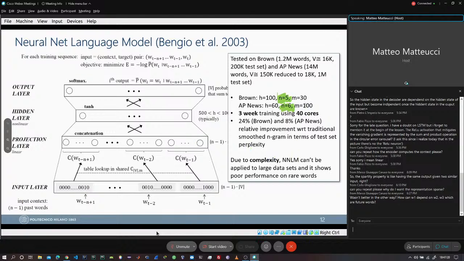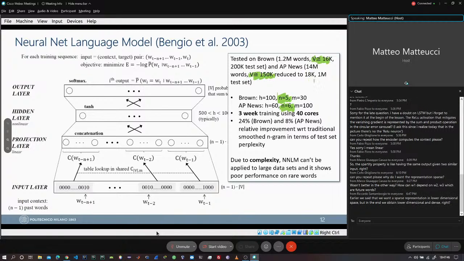The problem is that this model had a lot of parameters, so it could not be applied to corpora bigger than 14 million words or so, or a vocabulary of, I don't know, 6k words or 100k words.